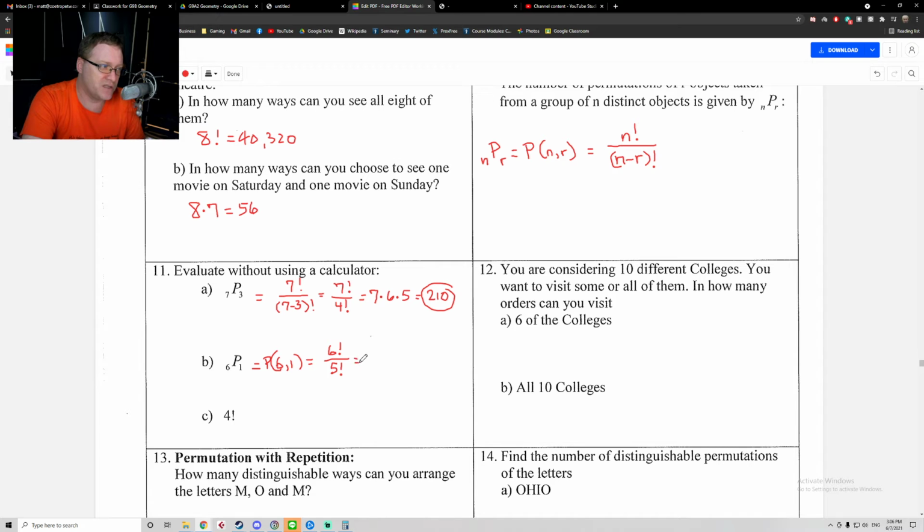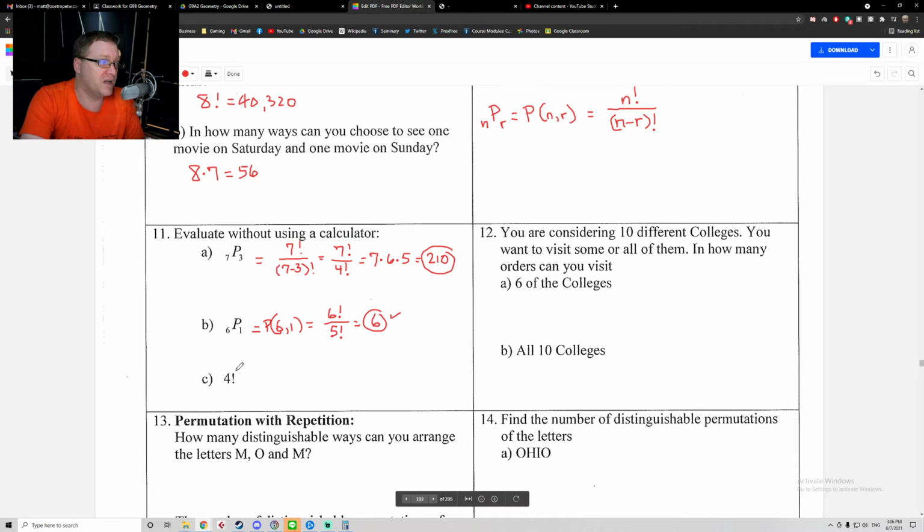You should be able to see that 6 factorial is 6 times 5 times 4 times 3 times 2 times 1, and 5 factorial is 5 times 4 times 3 times 2 times 1. So the 5 factorials are going to cancel out, and on the top, all we're going to have left over is 6. That's going to be the answer.